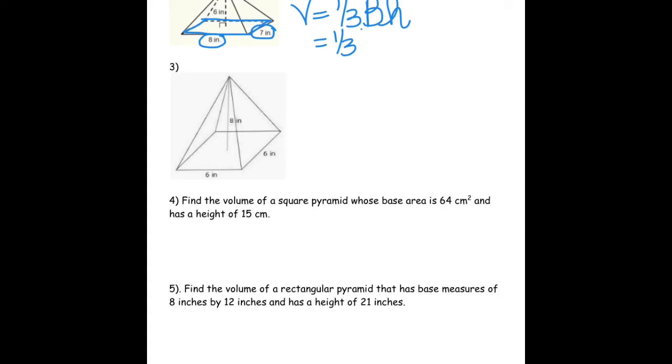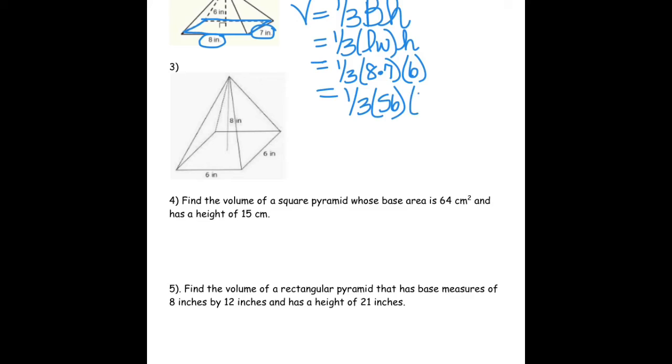That's 1/3 times the length times the width times the height. 1/3 times 8 times 7 times the height of my pyramid, 6. So that gives me 1/3 times 56 times 6, which equals 112 inches cubed. So this is the volume of the rectangular pyramid.